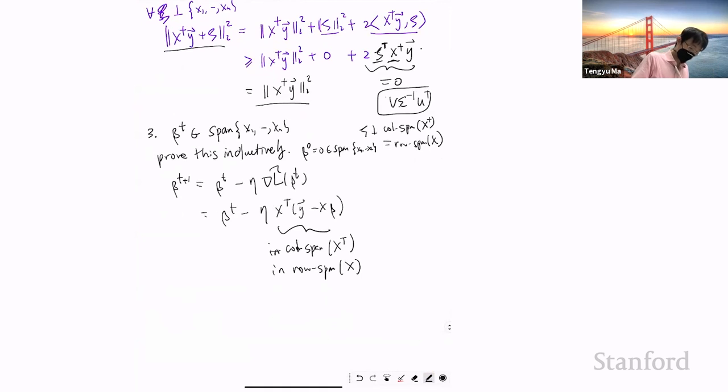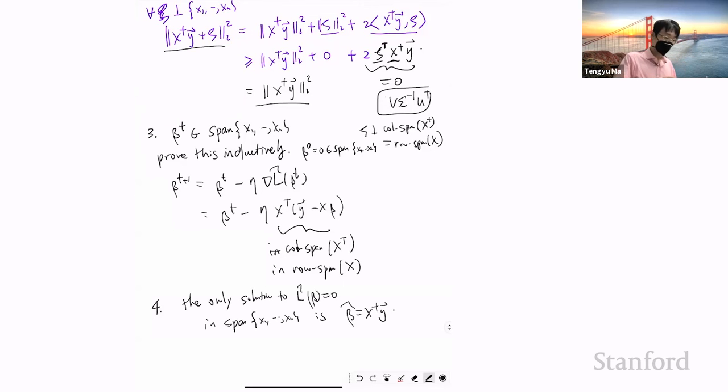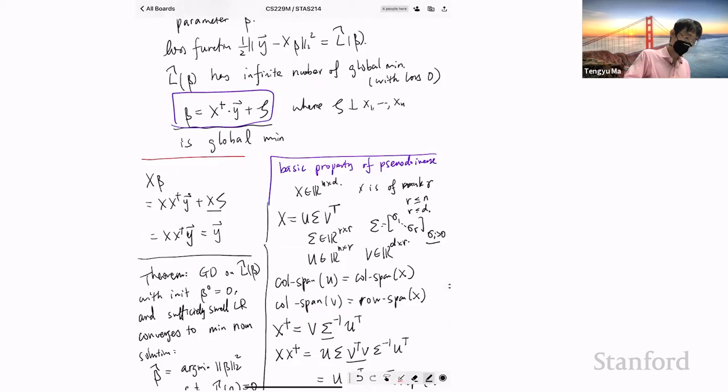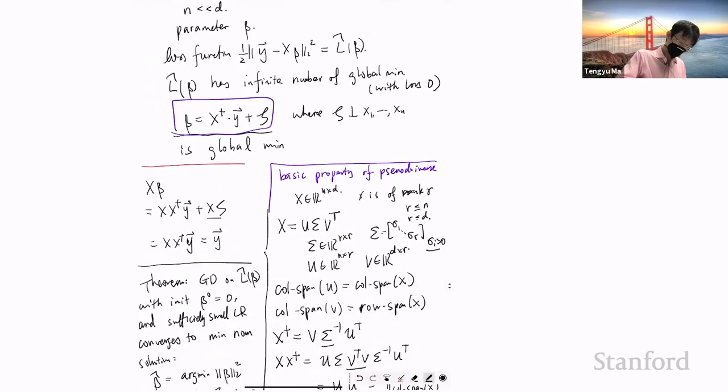So basically, because you are always in the span, right? So the only solution to L hat with beta in the span is this, right? Because what are the solutions with error 0? The solutions with error 0 are these ones.